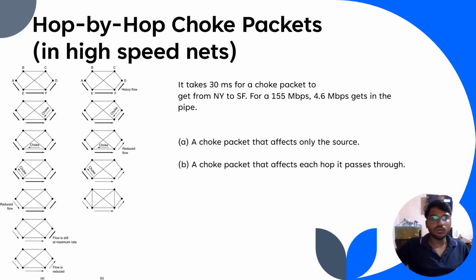Hop by hop choke packets in high speed nets. In this, 30 ms for a choke packet to get from NY to SF; for a 155 Mbps line, 4.6 megabits gets in the pipe.